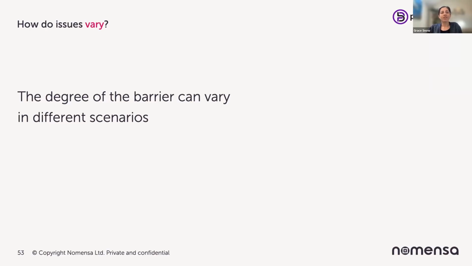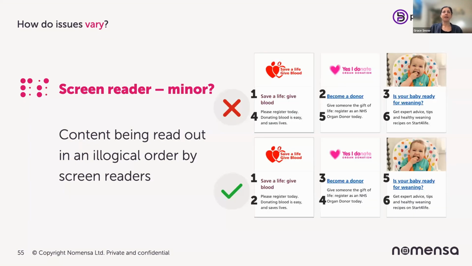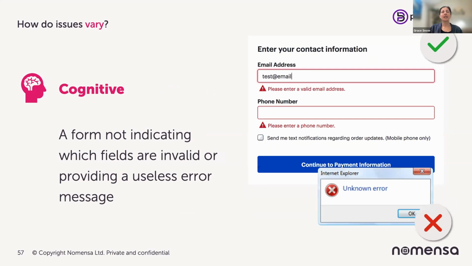And it's important to remember that the degree of barrier, that severity, can really vary in different scenarios, as I've already touched on. So minor issues might be keyboard navigation order not being logical. It might be content being read out by a screen reader in an illogical order. It might be images not having the right alt text.